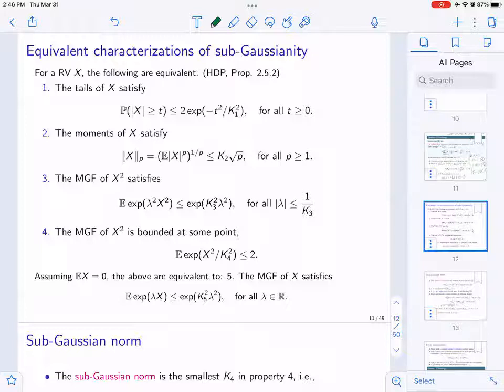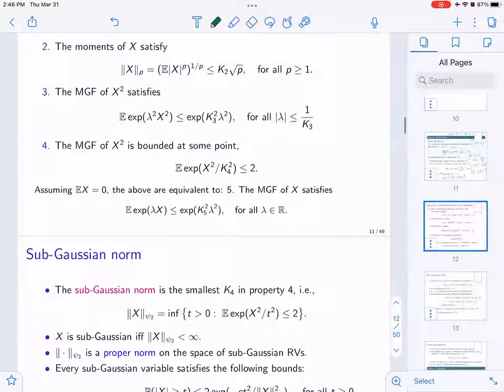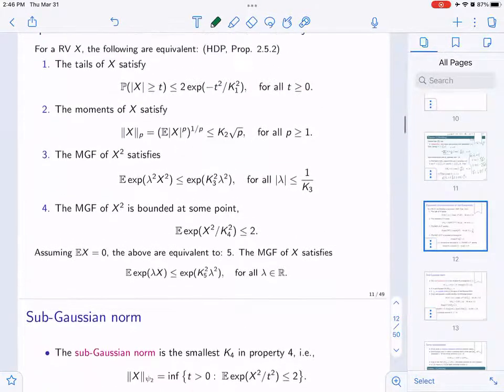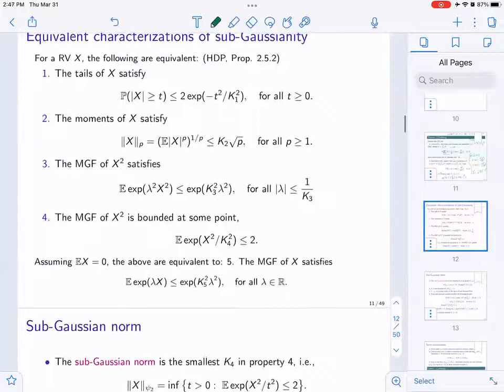So we defined subgaussianity when the expectation is 0, like this. So there exists a constant, let's say K5 squared, this was sigma squared for us, such that the MGF is bounded like that. But there are other characterizations in terms of other properties. For example, this is equivalent to this characterization.